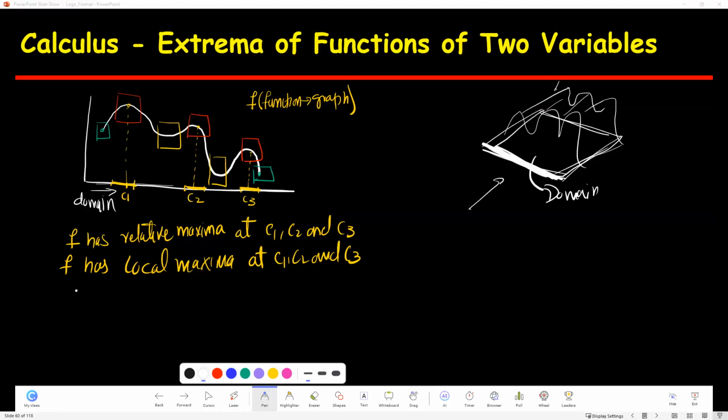I'm going to write another one. F has a relative minimum at somewhere in the domain. So I have to do the domain points. I'm going to come here and mark this point, maybe changing colors. Since we don't have many colors left, maybe this color.